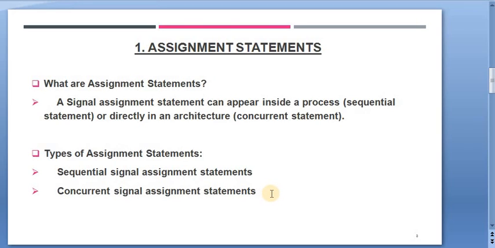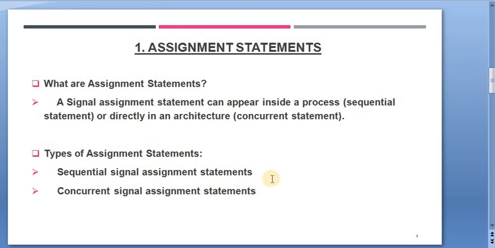But on the other hand, the sequential signal assignment statements are not event triggered. This means the sequential signal assignment statements are executed in sequence to other sequential statements that appear within the process. So I hope you have now some understanding about these statements.